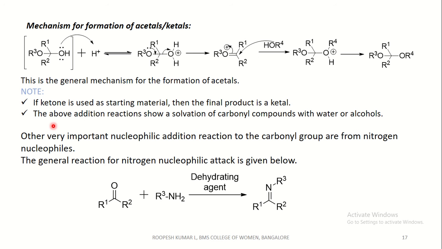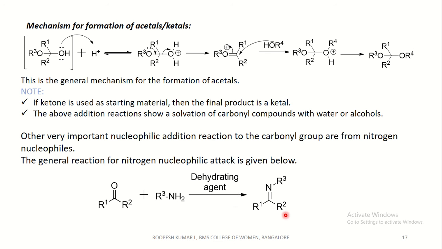The above addition reactions show a solvation of carbonyl compounds with water or alcohols. Other very important nucleophilic addition reactions to the carbonyl group are from nitrogen nucleophiles. The general reaction for nitrogen nucleophilic attack is given below. That is, an amine reacts with a ketone in the presence of a dehydrating agent.